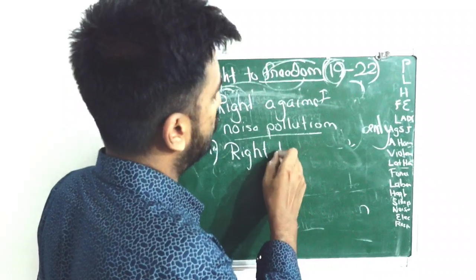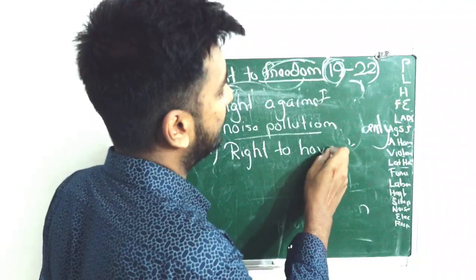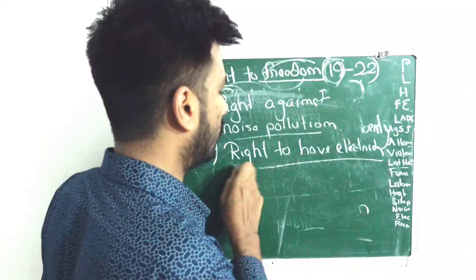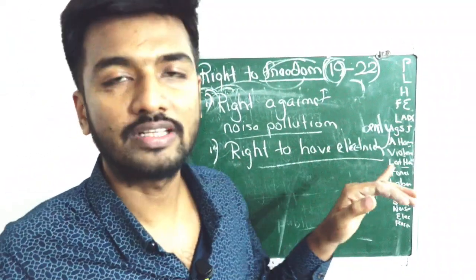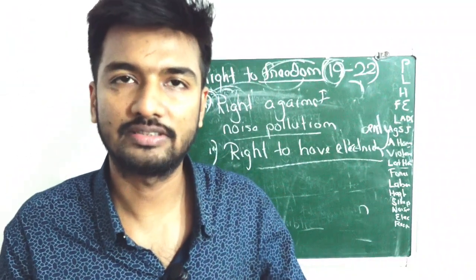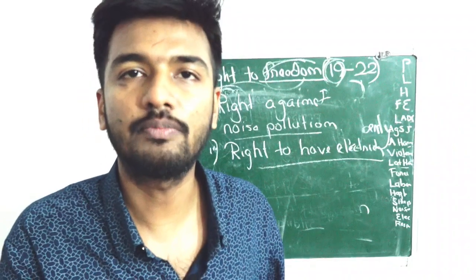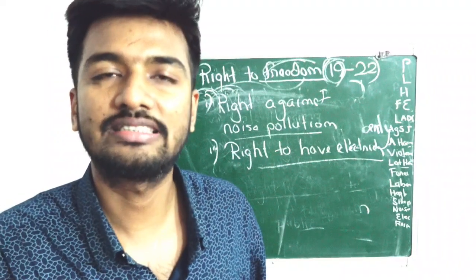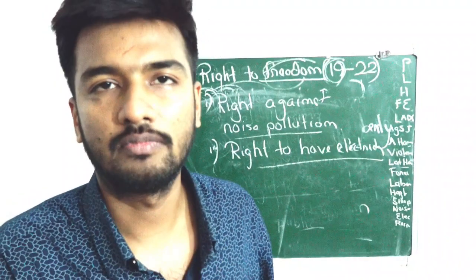Right to have electricity. These are fundamental rights most people don't know. We are blessed enough to have electricity in our houses, but in certain parts of the country electricity is a gem.